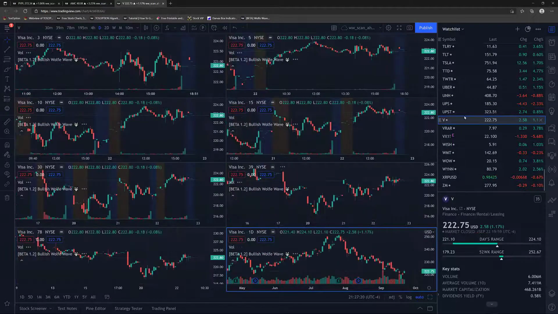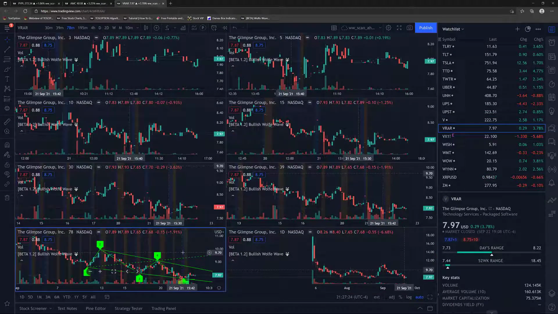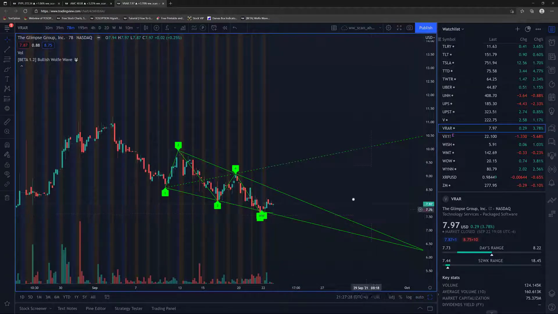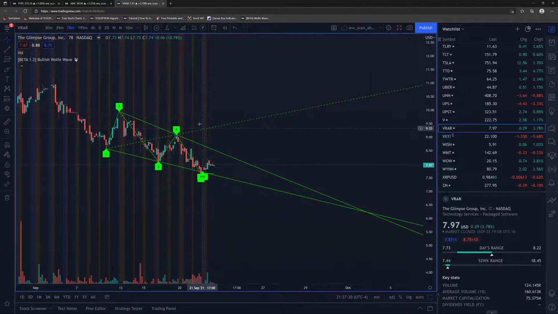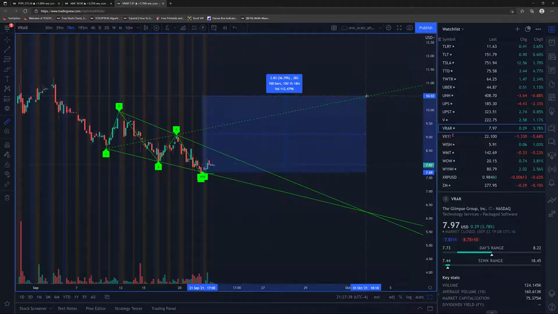One limitation is that once there's a Wolfe Wave that's generated, it's not going to stay. They do disappear after a certain number of candles have generated on the screen. Okay, so here's not a bad looking risk and reward setup. The entry is here and the apex is right there. So we're looking for a 36% move.